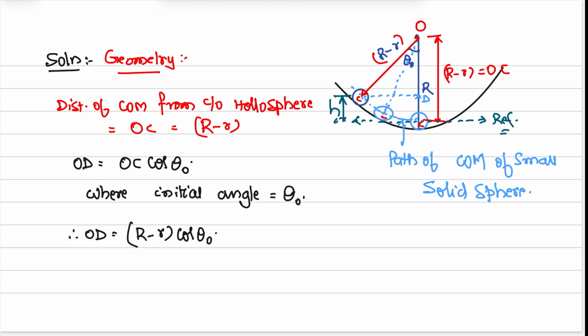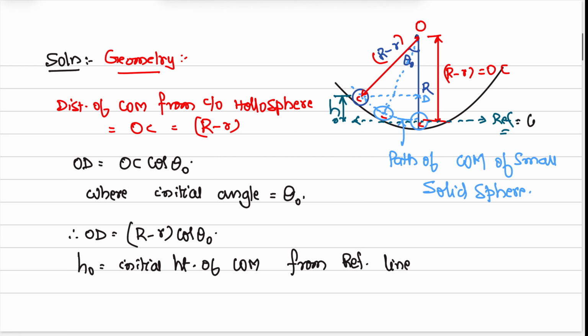At theta naught, let the initial height be h naught, which is the initial height of the COM from the reference line. The reference line is the COM at the lowest point.